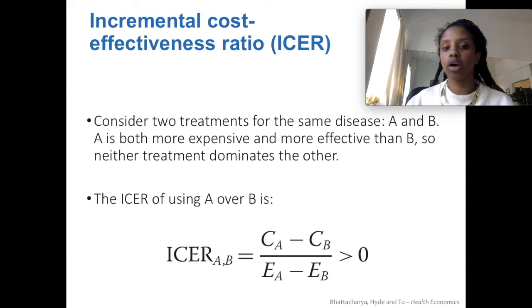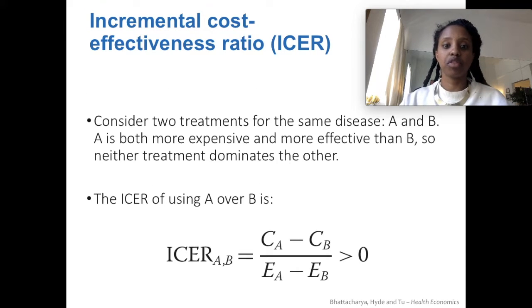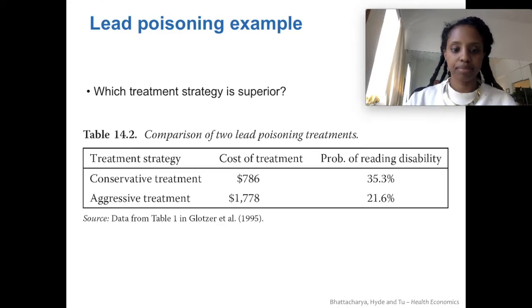We'll have a more concrete example in just a second. But essentially, the ICER is just the difference in the cost divided by the difference in the outcomes, in the benefits. And it's going to be greater than zero, because neither of them is wholly dominated over the other.